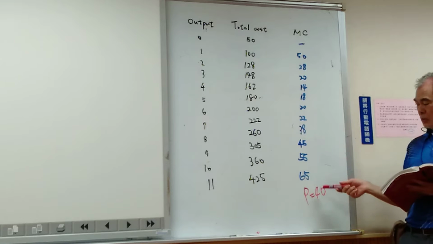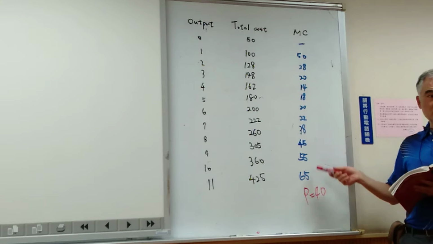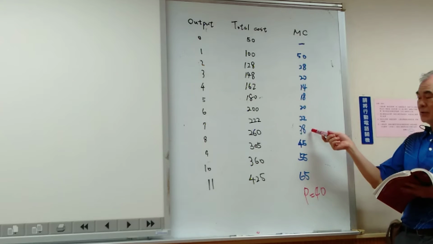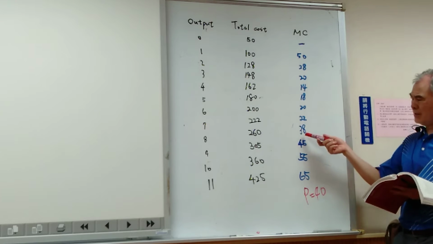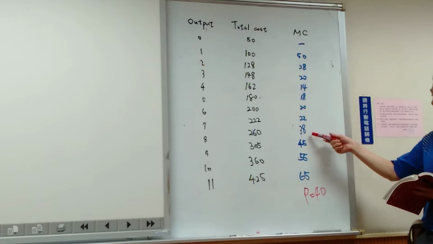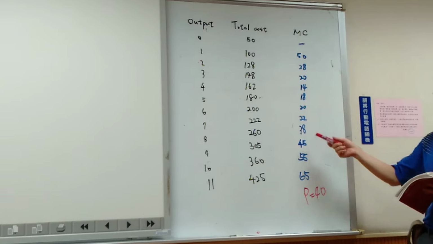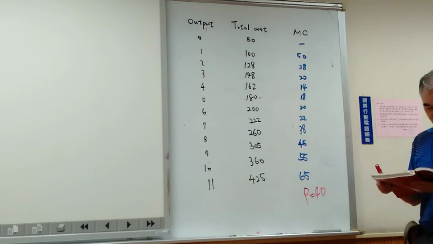So marginal revenue is less than marginal cost. In this case, you should reduce your production level. Of course, this is 38, it's not 40, but if you do a little bit less, that's not quite right. So the production level is 8.